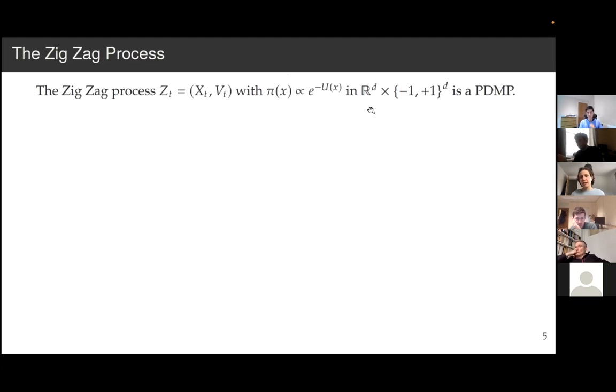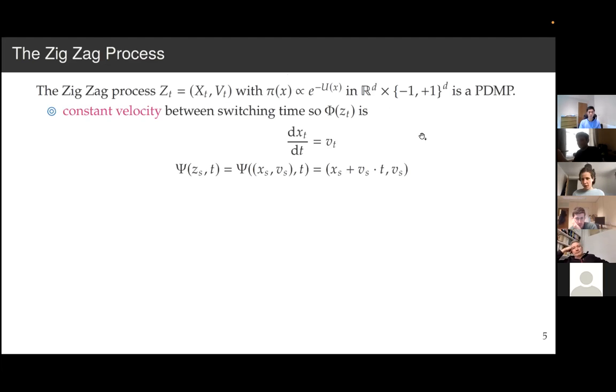The velocity instead takes values in {-1, +1}^d. Now we need to define the three elements I talked about before. The zigzag process moves at constant velocity between switching times, so the derivative is always equal to +1 or -1. And we can always project ahead for a time t, where the system will be starting from a point (x_s, v_s).